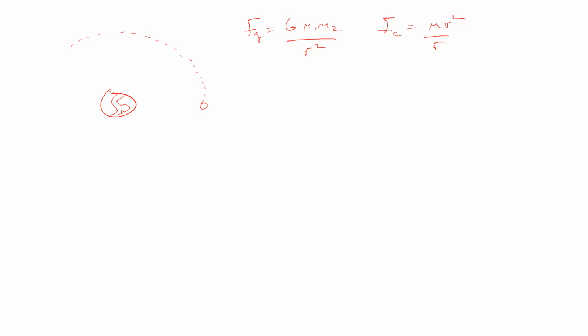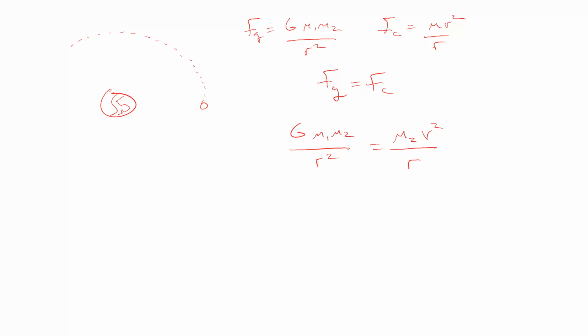Centripetal force is equal to mv squared over r. So in order for this planet to stay in orbit, the force of gravity has to equal the centripetal force. So we can set both equations equal to each other. Big G, m1, m2 over r squared is equal to m2 velocity squared divided by the radius.